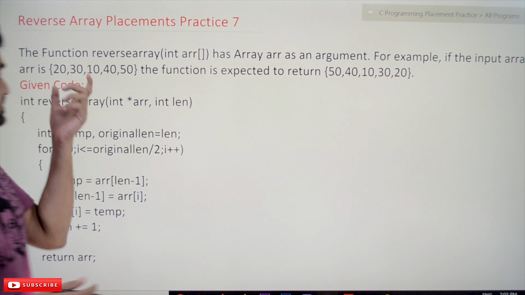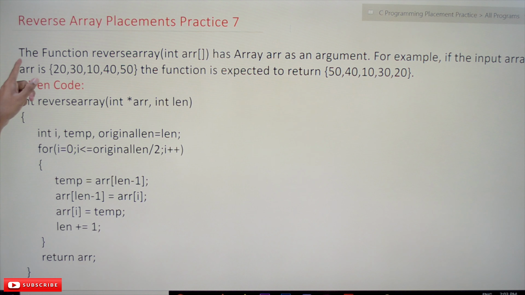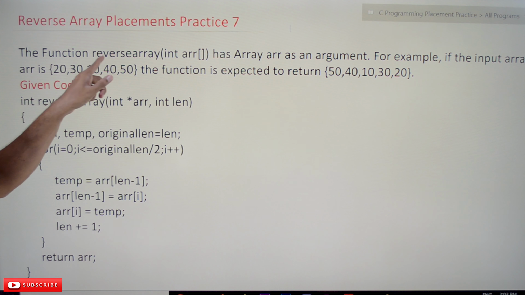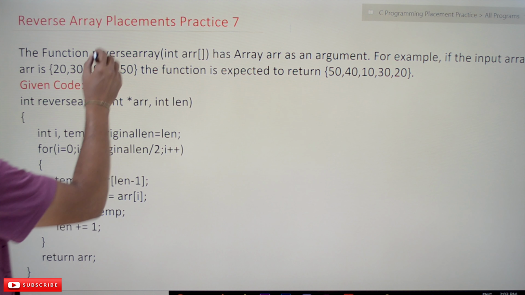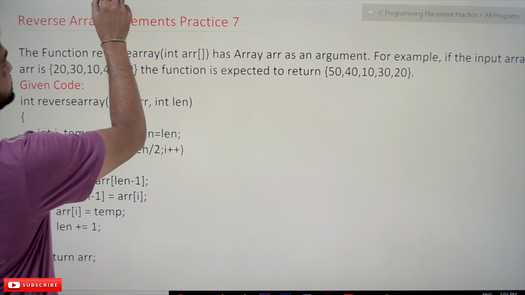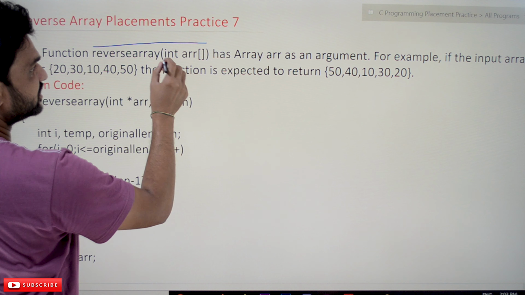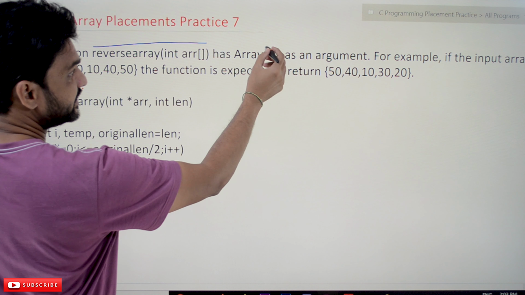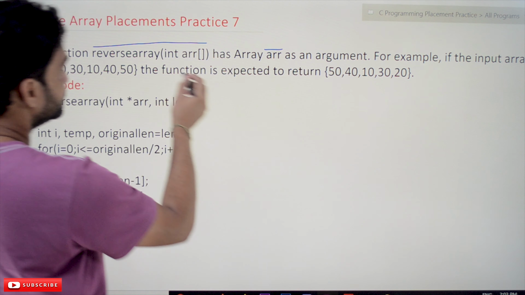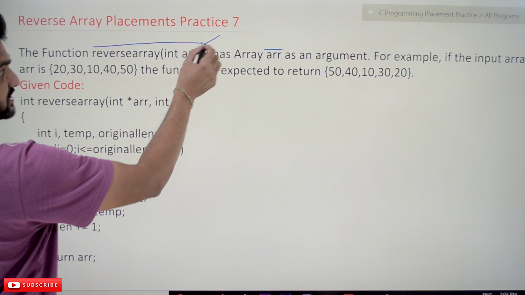Now let's try to understand the problem statement. The function is reverse array. It has an array ARR as an argument, so it is going to take the address of the array.